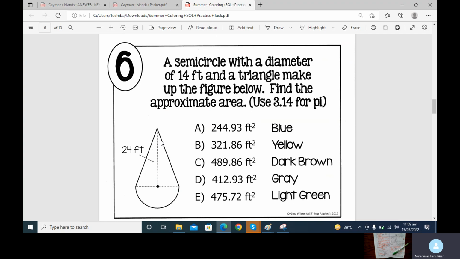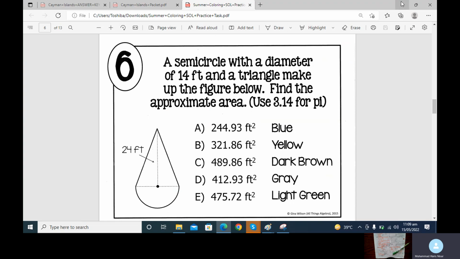Do we have any formula for this figure? No. Obviously no. So that's why we will divide it into two figures.